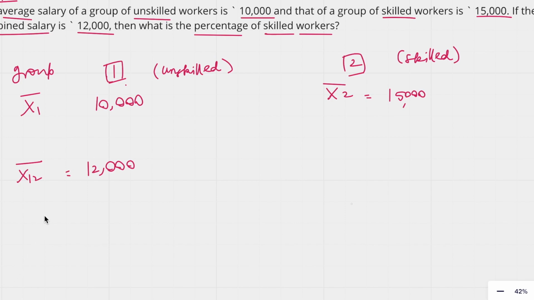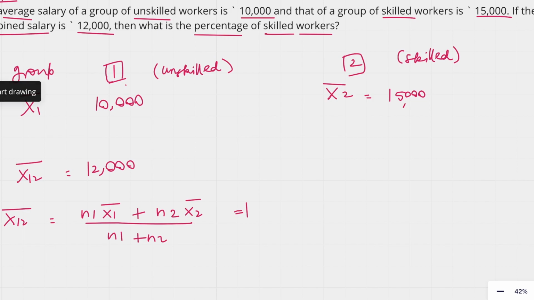Now let us first write the formula for combined mean. Combined arithmetic mean is n1 x1 bar plus n2 x2 bar divided by n1 plus n2. Here we have the value of combined arithmetic mean already with us, so we have the value 12,000.